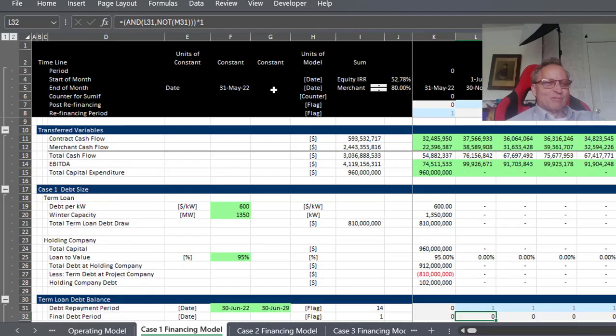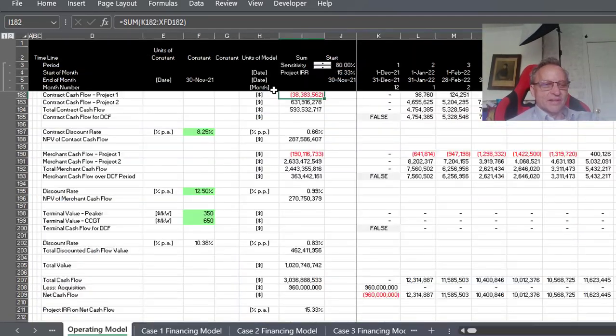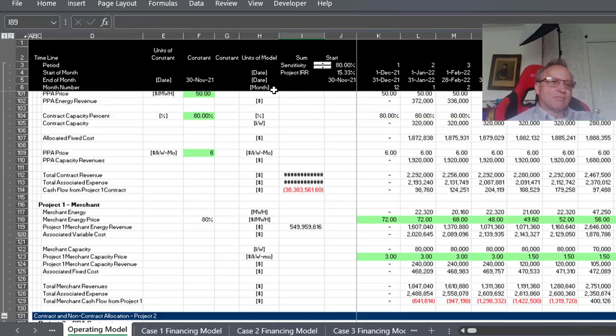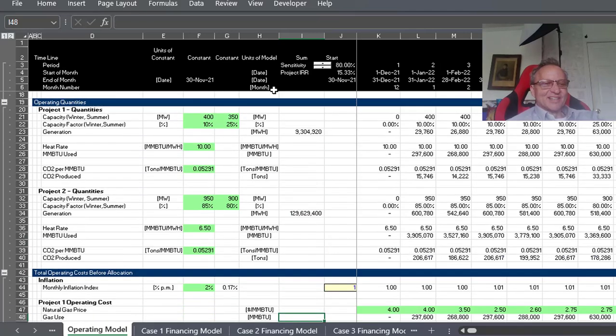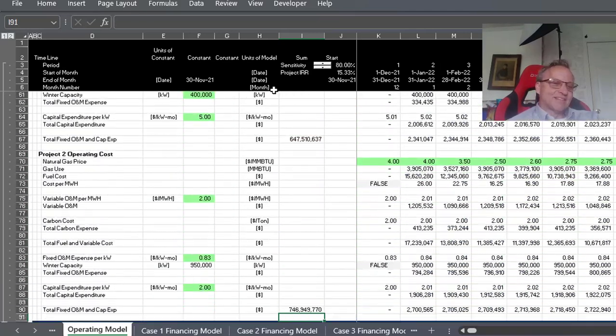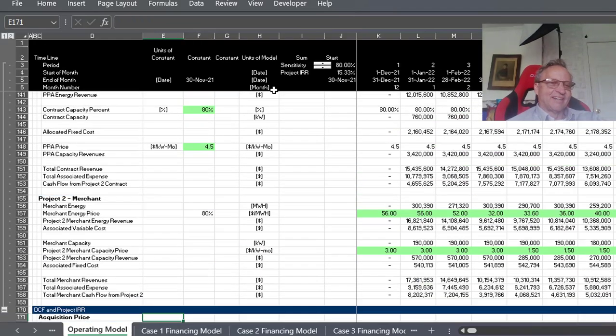Now, this model, oh my gosh, so I put the financing part in the model, the operating part of the model, it had all the flags and the quantities and the fixed and variable prices, and we put a nice little format here.